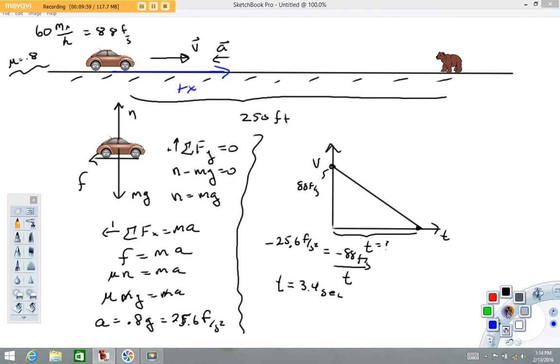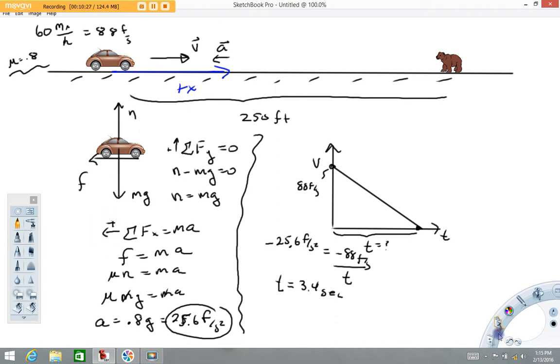Getting back, my velocity at t equals 0 is 88 feet per second. When the car stops, hopefully before it hits the bear, velocity is 0. I used the fact that the slope of this line is the acceleration, which we found earlier, 25.6 feet per second squared. Now, this acceleration was positive in the Newton's law physics because I have left as positive.